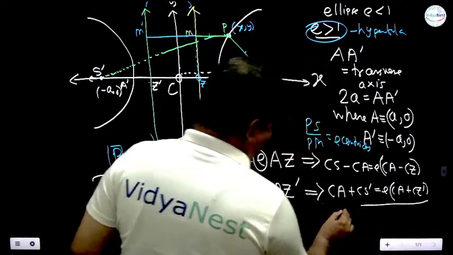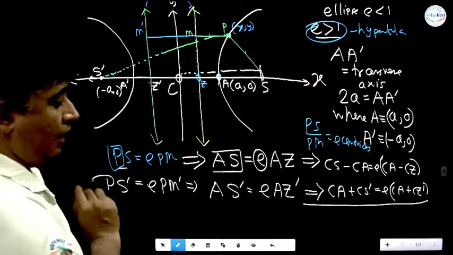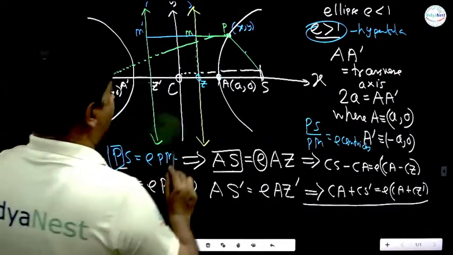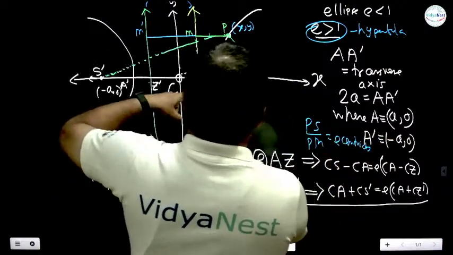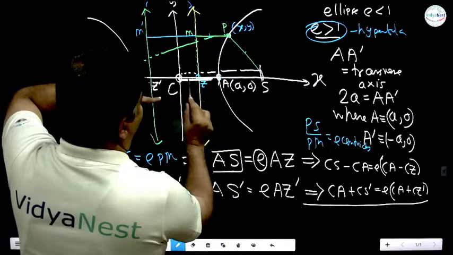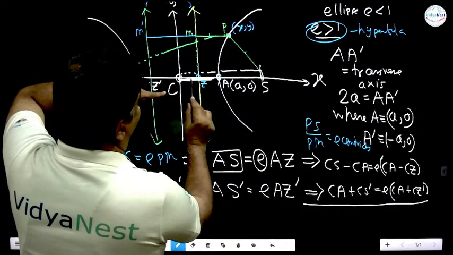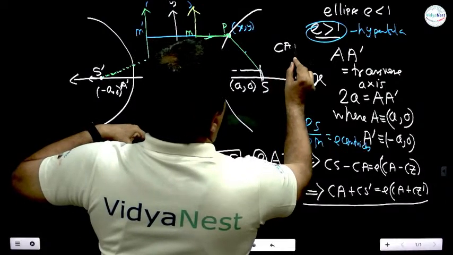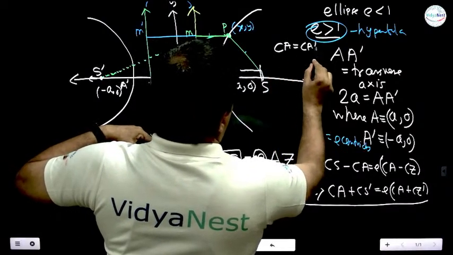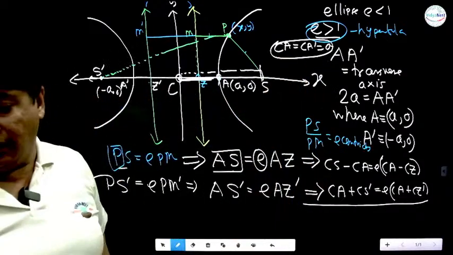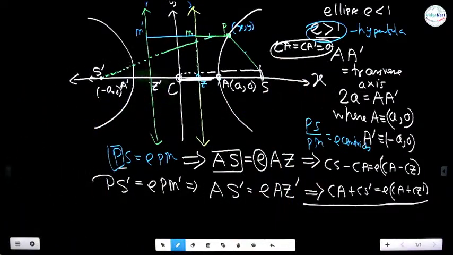Now I will just add them up. What is CA? I have let A is equal to A0. So by this figure, it is clearly visible that bold line CA is equal to CA dash is equal to A.